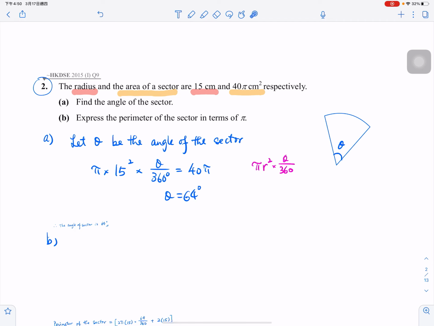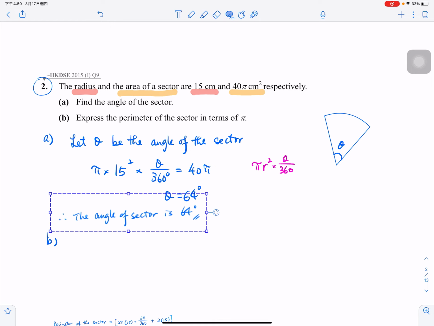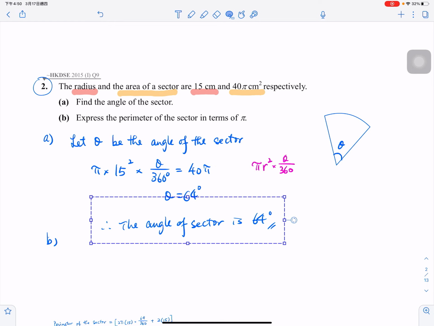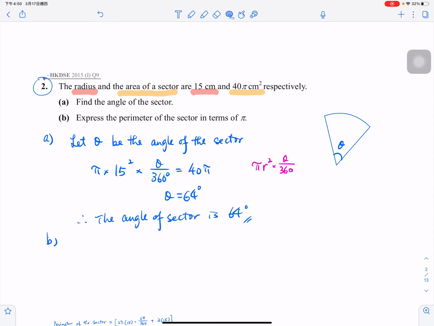Now we know the radius is 15, so substitute 15 into r, then find theta. As a result, the angle of the sector is 64 degrees. Clear? Okay.